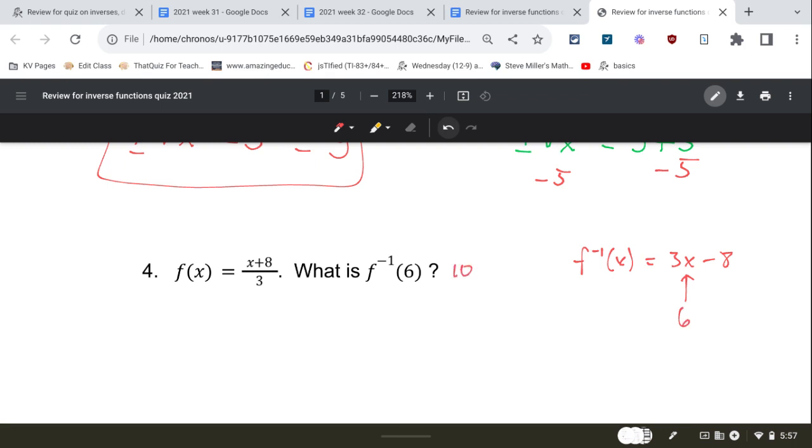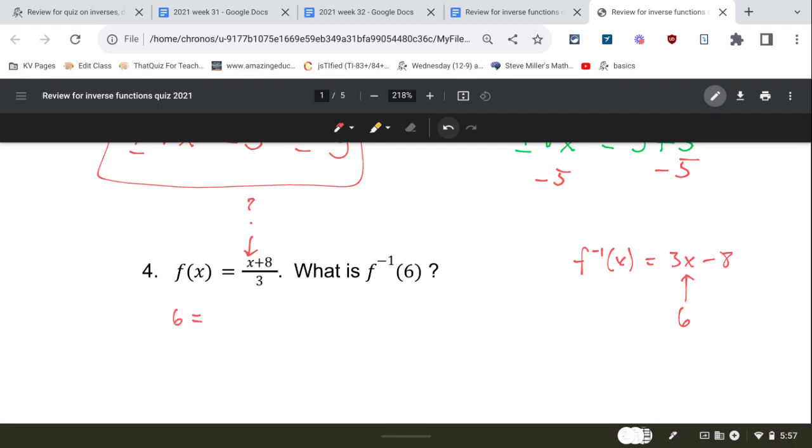10, right? The other way to think about this question, which I think is simpler in many cases, is you're not plugging in 6 for the original function. No, no, no. What you want is you want 6 back as an answer. Okay? So you would think about, hey, what do I need to plug in for x so that I get 6 back as an answer?